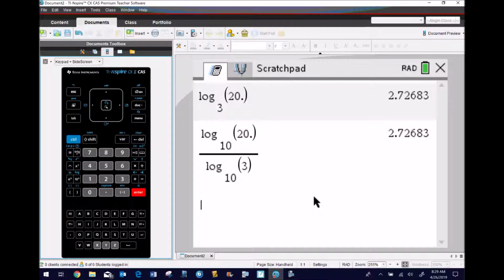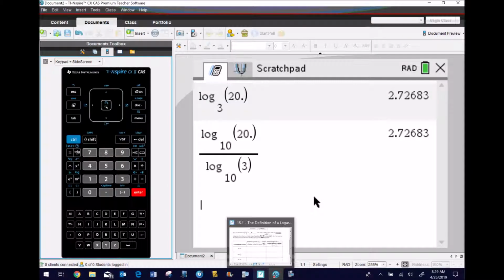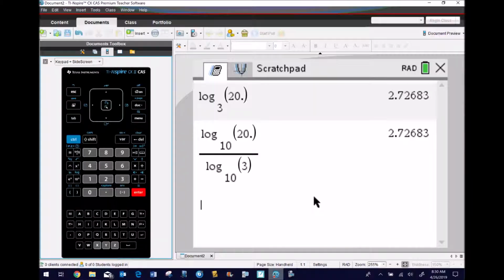Now, in this particular document that I'm working with here, I'll go ahead and write this answer, 2.72683. There is no connection between the fact that this is pretty close to E. That's just a coincidence.